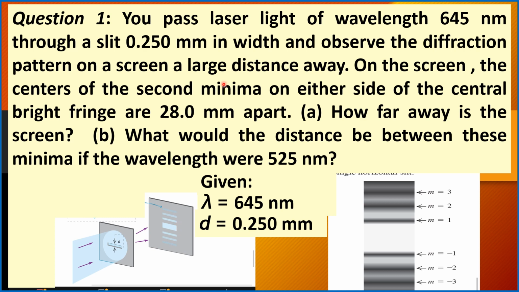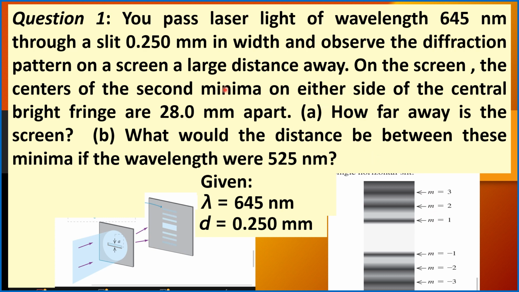But since we're talking about diffraction patterns formed on the screen, we are interested in describing the dark fringes, unlike in the Young's double slit experiment, where we were more concerned with the bright fringes.